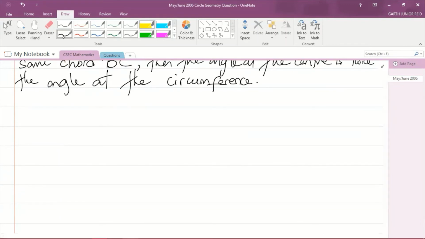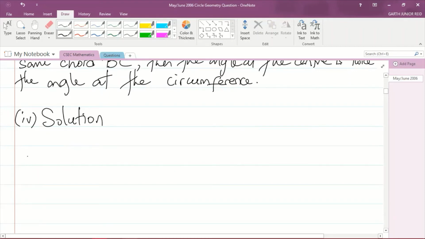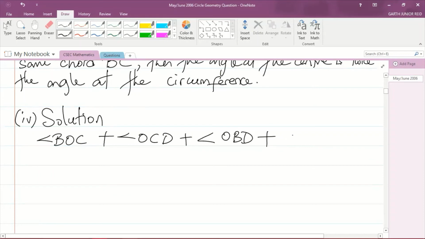So this is now going to be part 4, solution. All right. So we are saying that the angle BOC plus the angle OCD, plus the angle OBD, plus the angle that we don't know, which is the angle BDC.